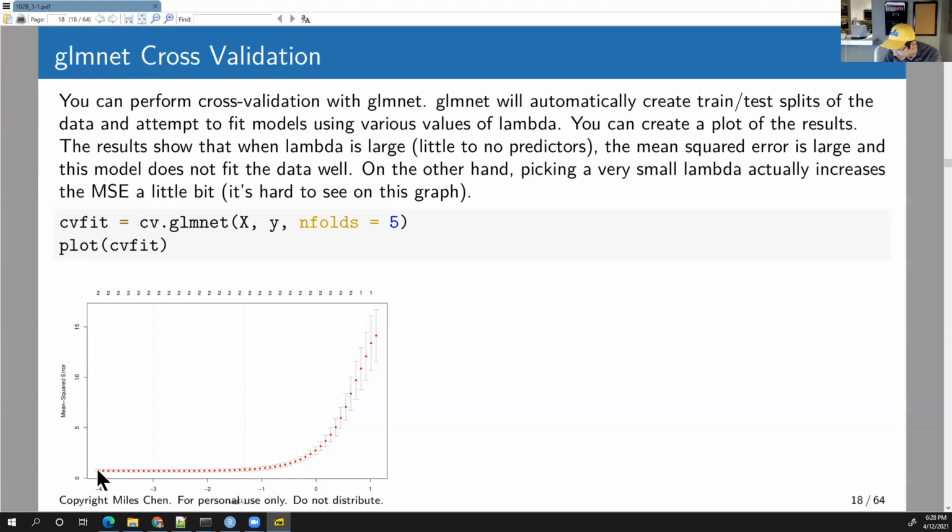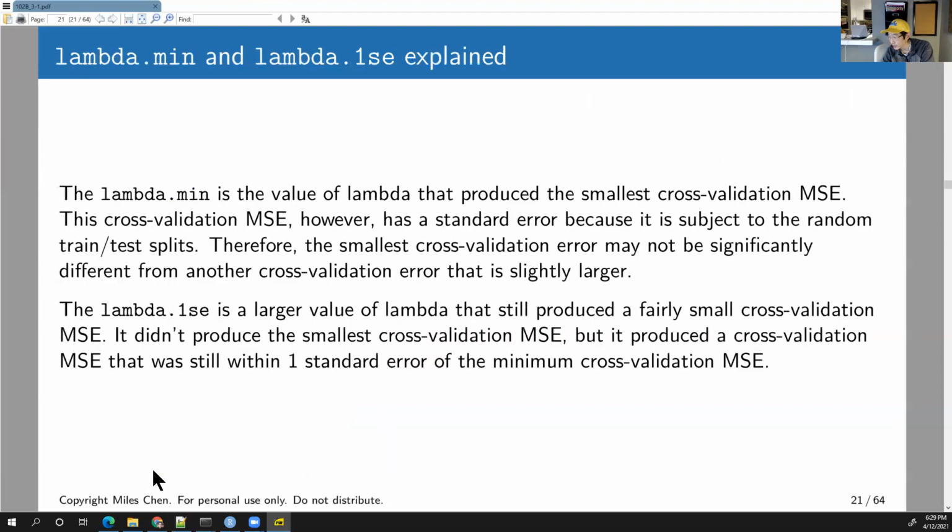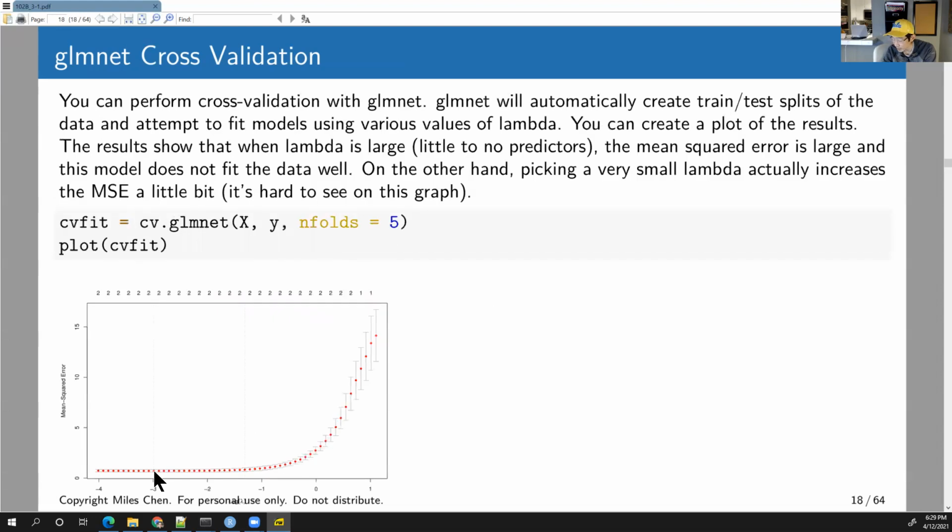Technically these values are just a tiny bit higher than this value. So this one is the minimum value achieved as far as the cross-validation error. And then it puts error bars on this dot here.